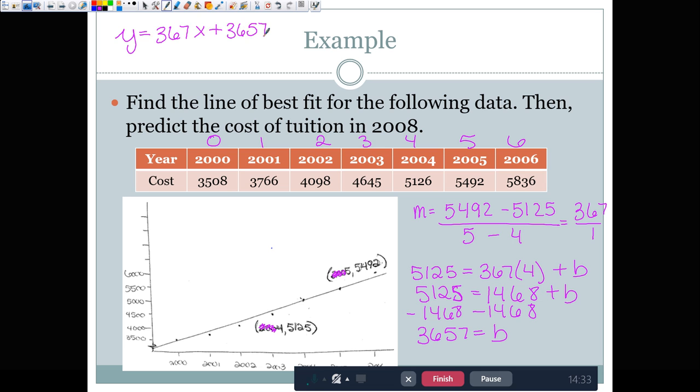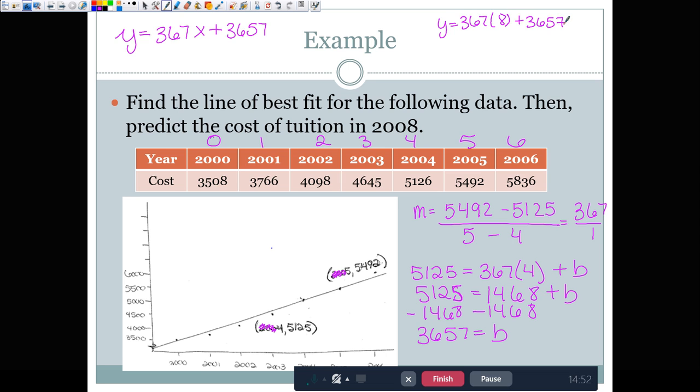So what would I put in for 2008? I put in 8 in for what? X. So I'm going to substitute 8 in for x. So y equals 367 times 8 plus 3,657.